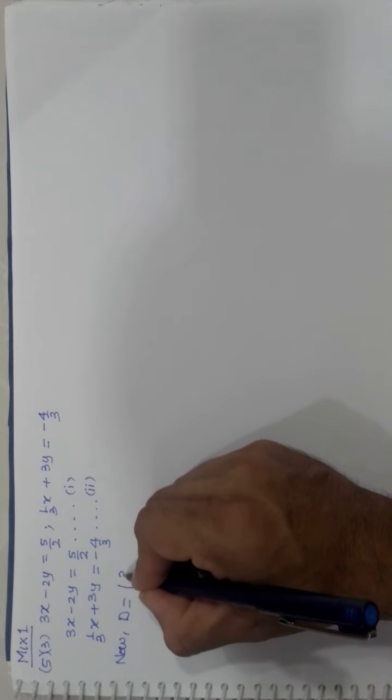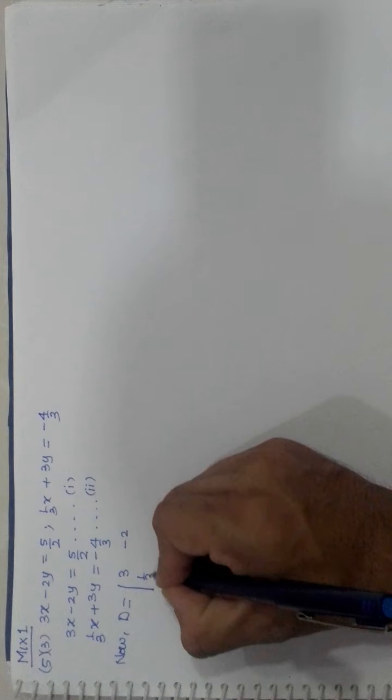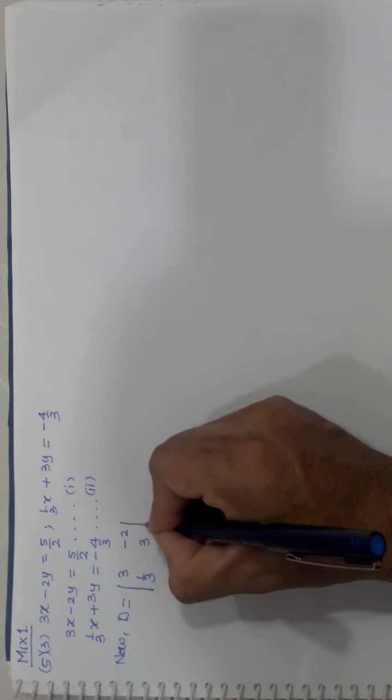So here it is 3, here it is minus 2, here it is 1 by 3, and here it is 3. Remember, you have to check only one thing, whether the equation is in standard form or not. Standard form means both the variables must be on the left side and the right side must be constant.